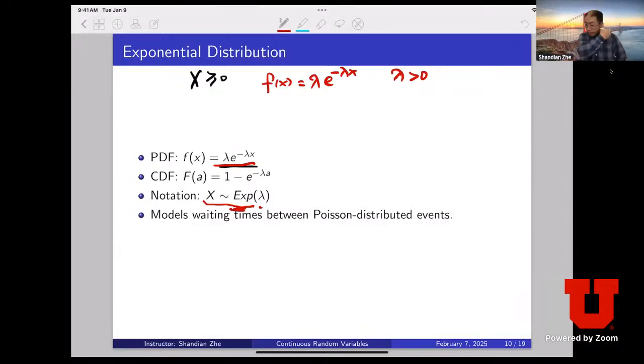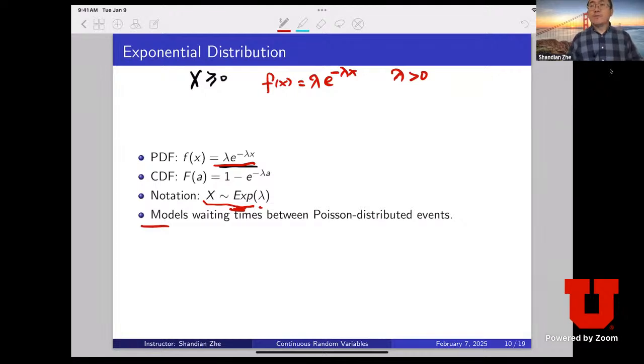So what does it mean? What is this distribution used for? It is often used to model waiting time. For example, you buy a coffee in Starbucks, you're always in a queue. The time you wait until you get a coffee is a random variable. You don't know whether you're gonna immediately get your coffee or you have to wait for 15 minutes.